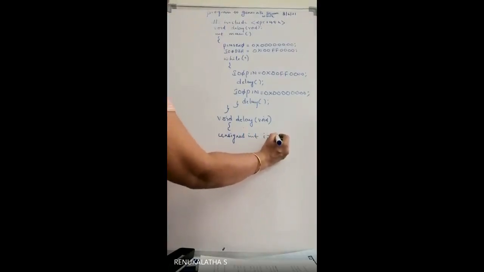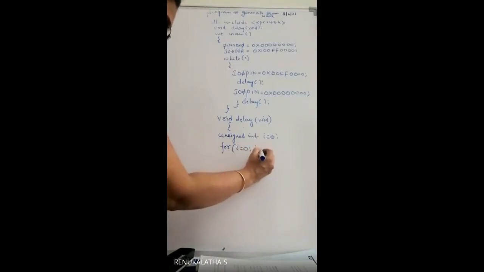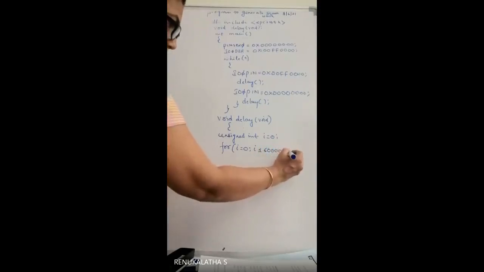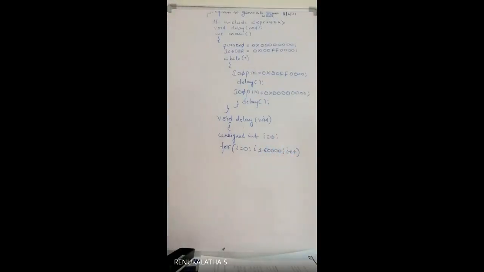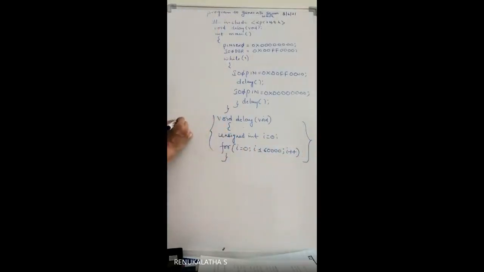Then for i equal to 0, i less than or equal to some value, you take 60,000 or something, i plus plus. Right. And then close it. So here you see this is a delay subroutine. This is the delay function.